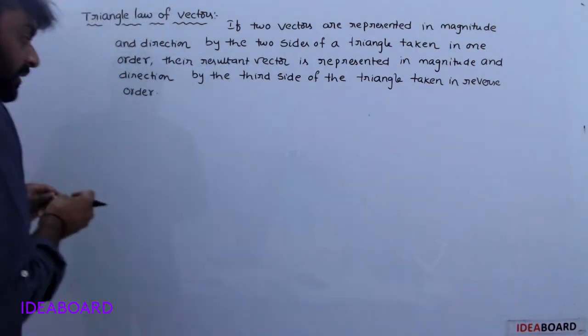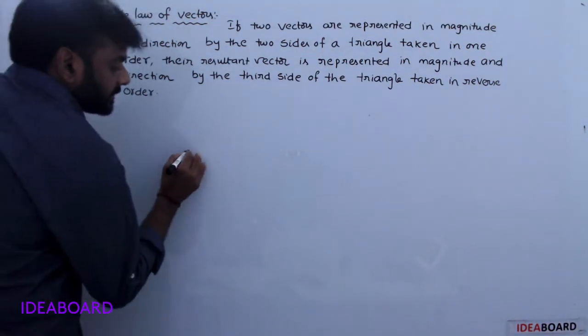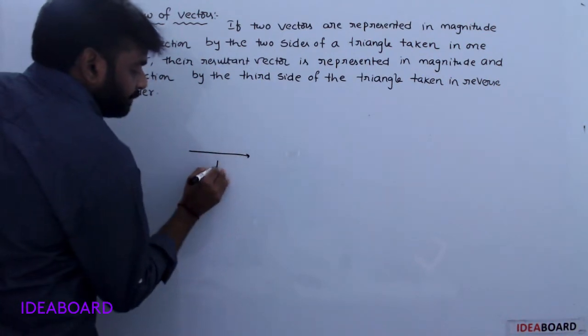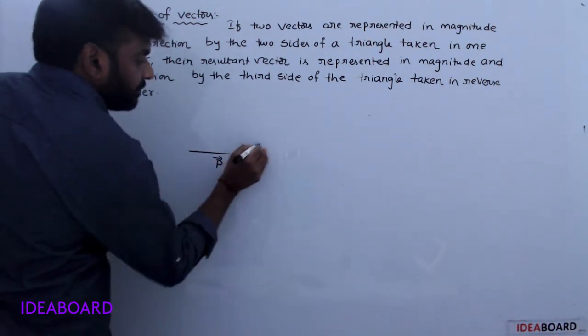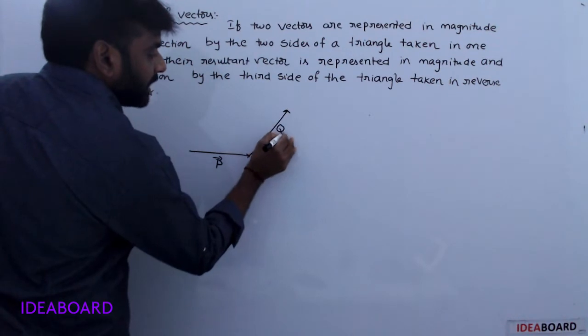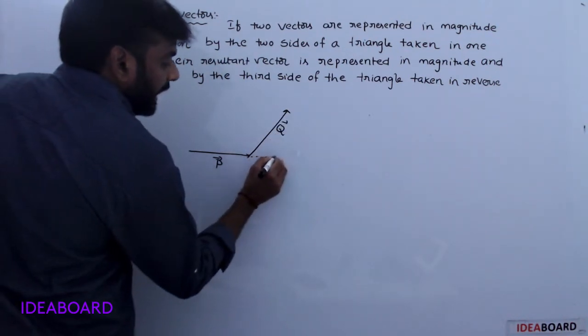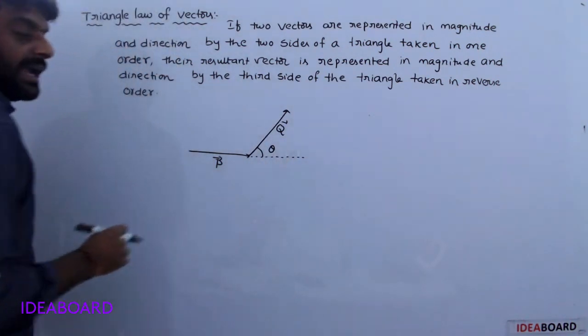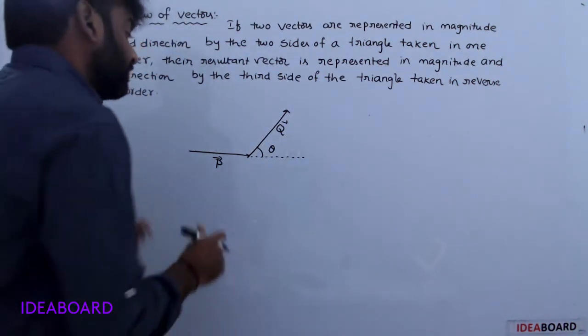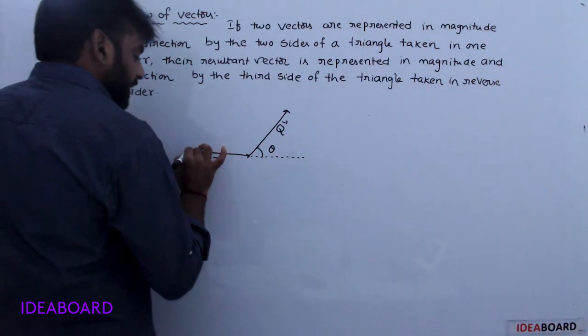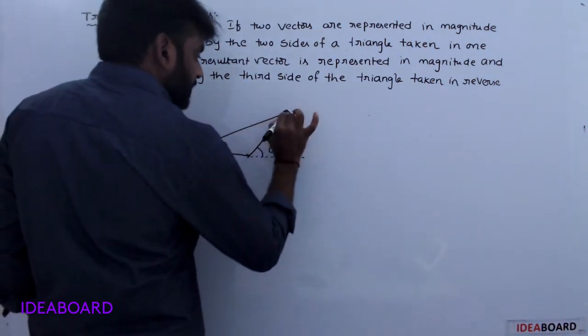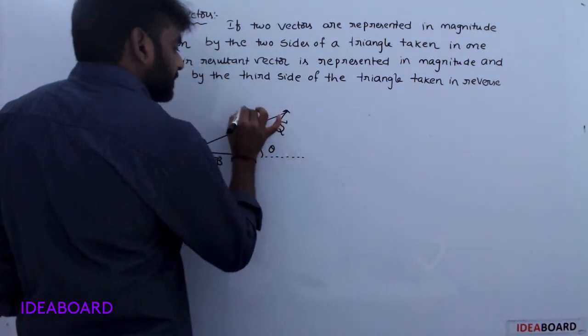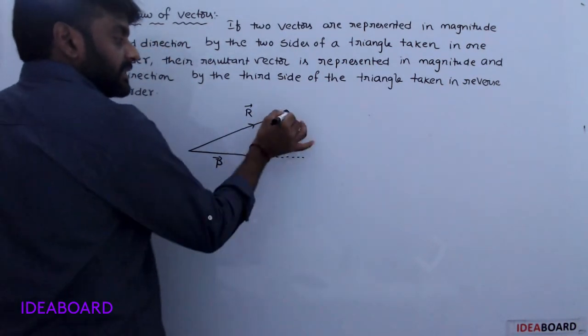See here, two vectors: this is P bar, this one is Q bar. The angle between these two vectors is theta. From the statement, this one represents the resultant.